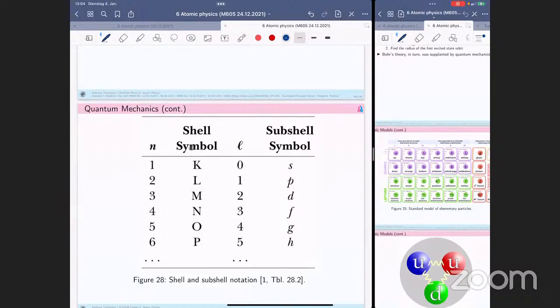Shell symbol is the capital English alphabet.